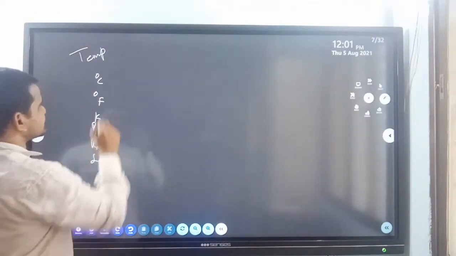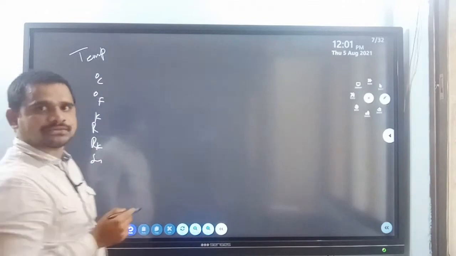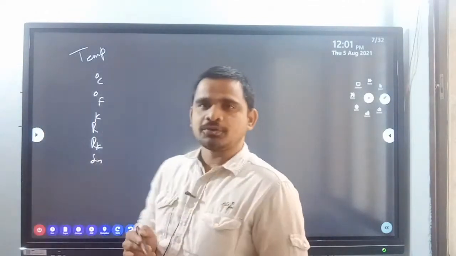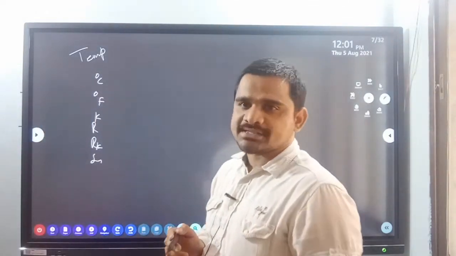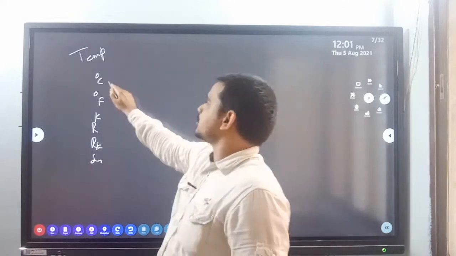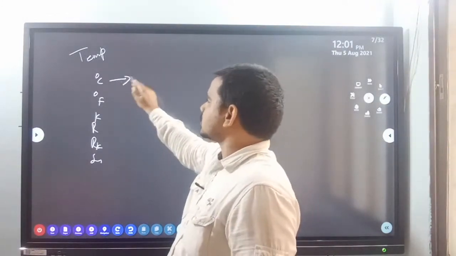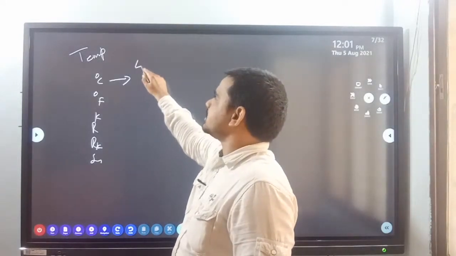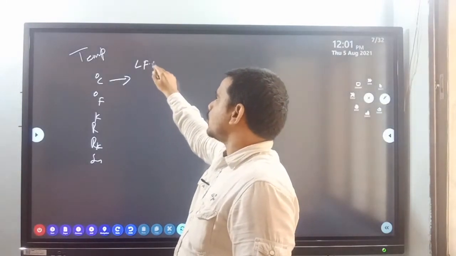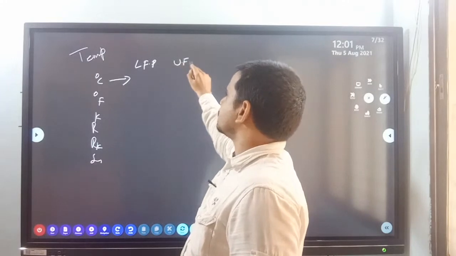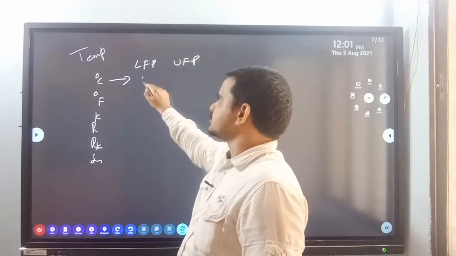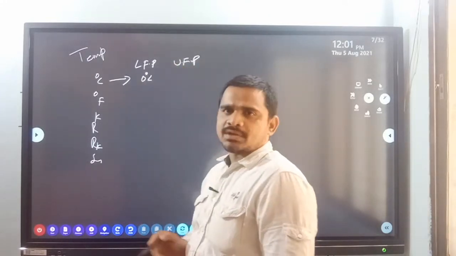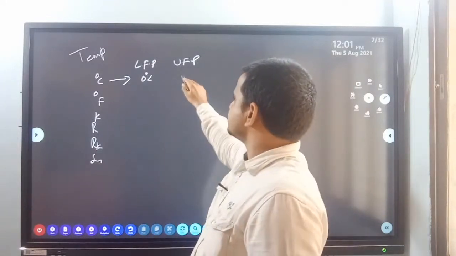In different scales, every scale will have some lower fixed point and upper fixed point. What are the lower fixed points? Lower fixed point is nothing but the melting point of water, and the upper fixed point is the boiling point of water. It is 0 degrees in Celsius, whereas here it is 100.